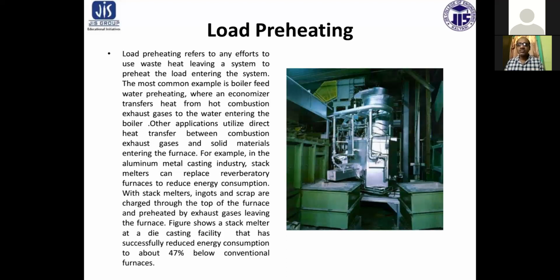So the exhaust gas leaving the furnace, we can use for the stack melters or ingot scraps. Now this figure shows a stack melter. It is used at a die casting facility that has successfully reduced energy consumption to about 47% below a conventional furnace.